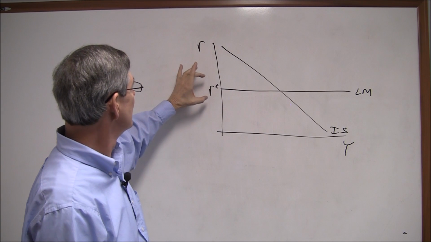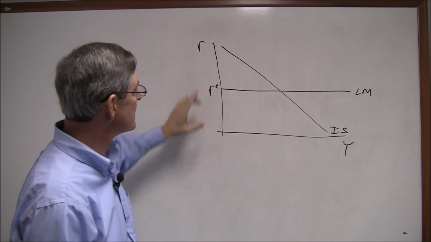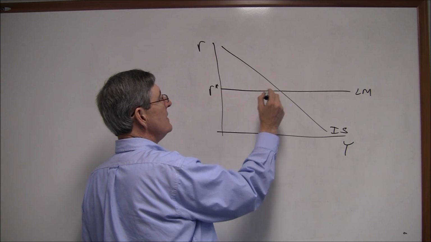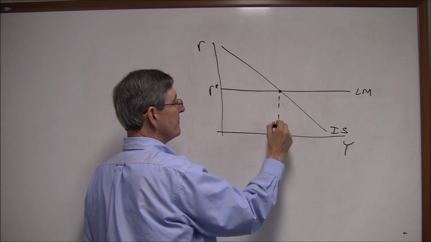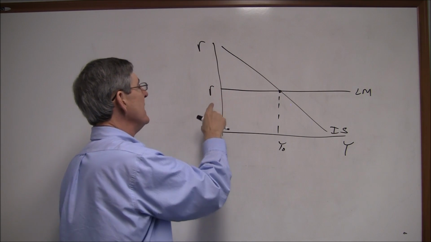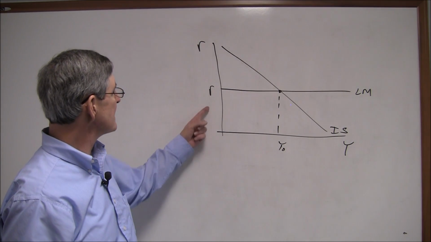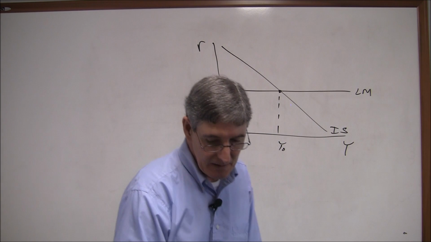And it just shows that monetary policy is a fixed interest rate. At that policy, you would get Y0. The book often doesn't have a star here, and they just call this the policy rate, and it's understood that that's the variable that the Fed is controlling.